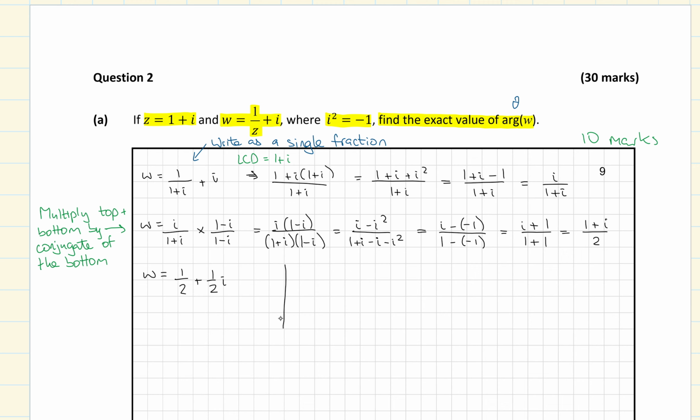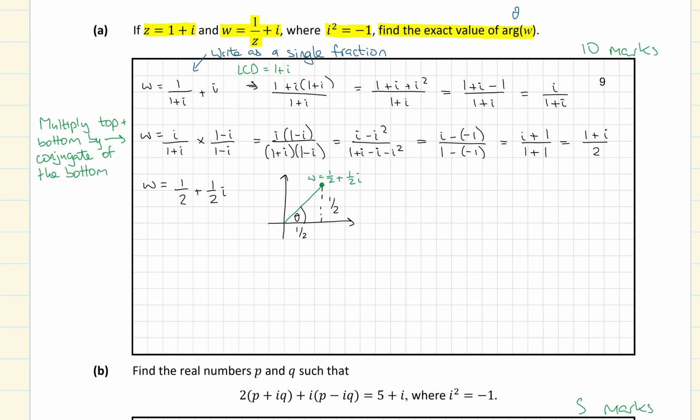Draw a very quick sketch of that. There's w. There's my half and my half. And there's my argument. So we have tan theta is equal to a half over half. Theta will equal tan inverse of a half over half.